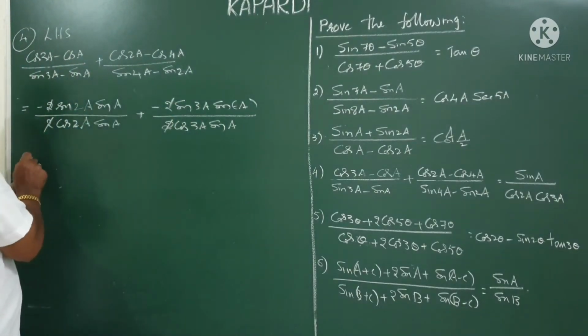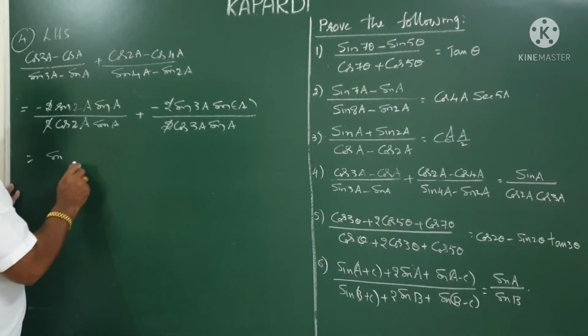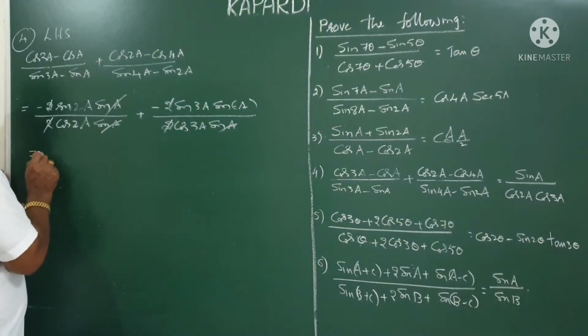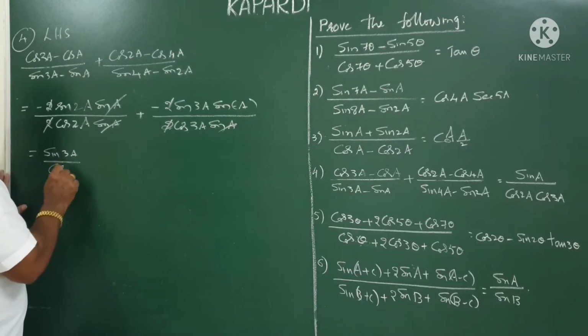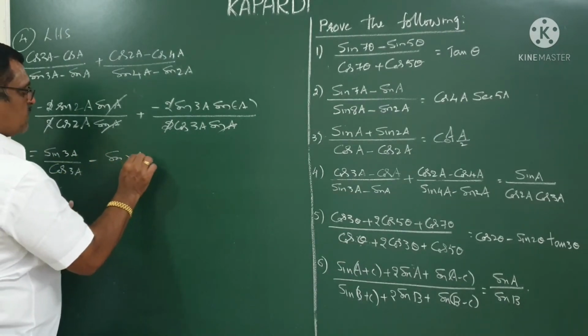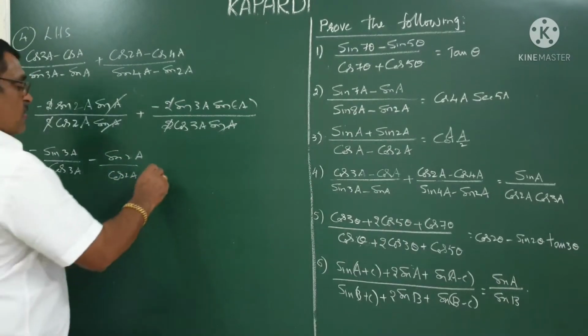So we have, I read that is the first term I write, sin 3a, we can cancel sin a, by cos 3a, minus sin 2a by cos 2a. Just take LCM.